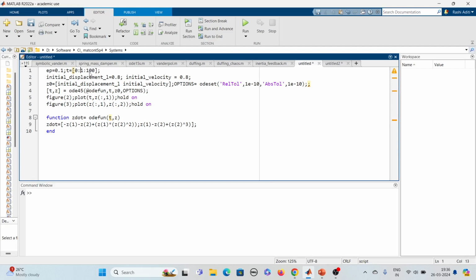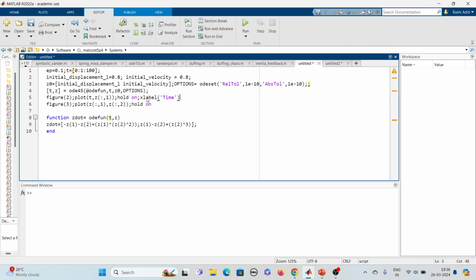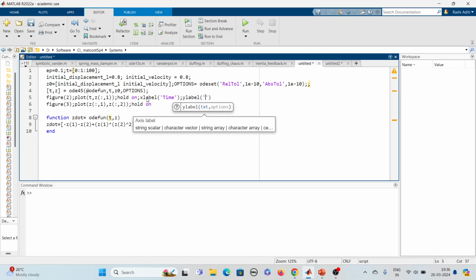Let me show you what kind of behavioral change it is going to have. X label: time. Y label: position.